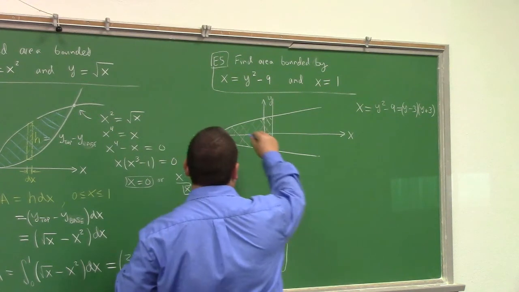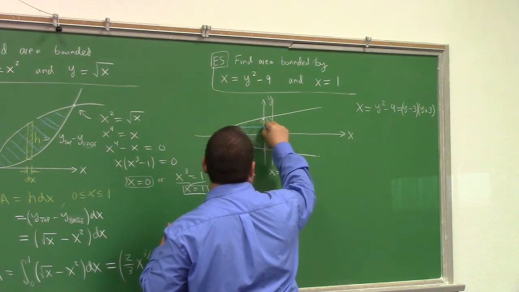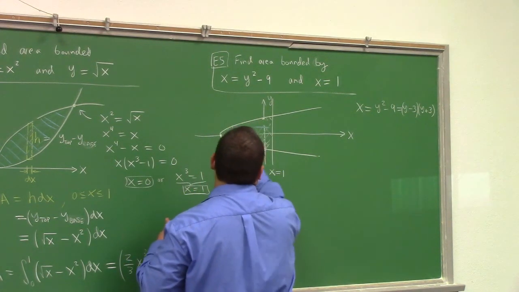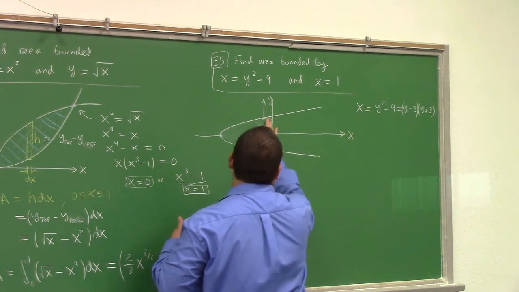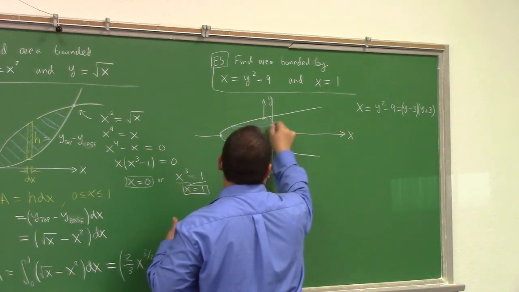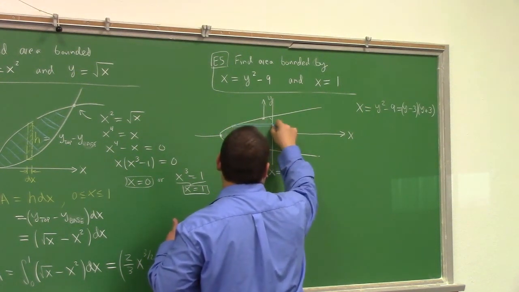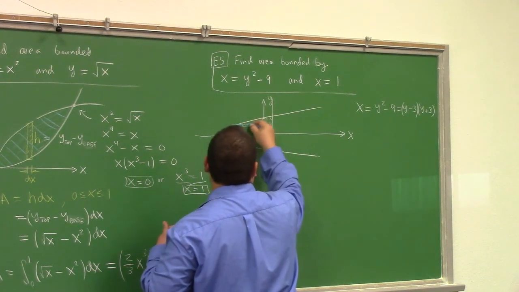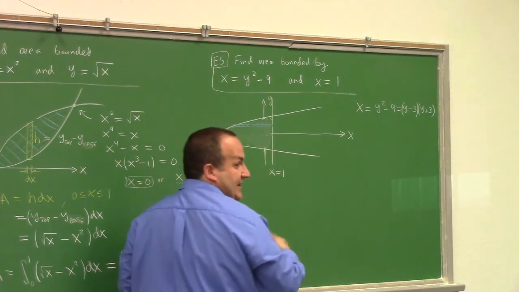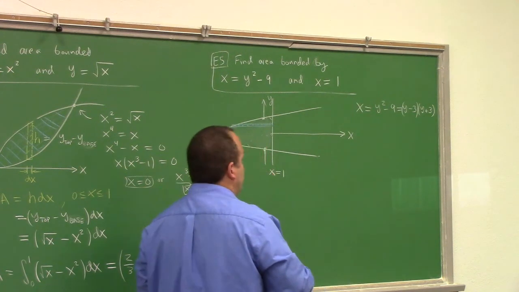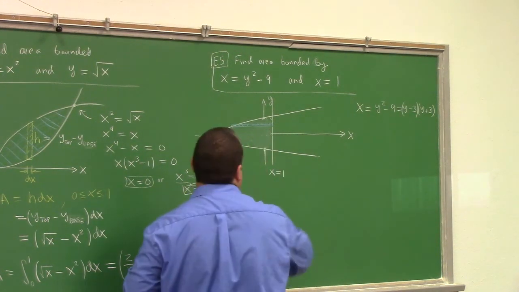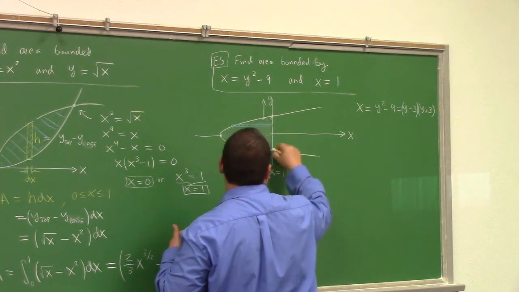So let me smudge this out here. We want to use something like that for our dA, right? And before I get too carried away, what are these points of intersection here and here?